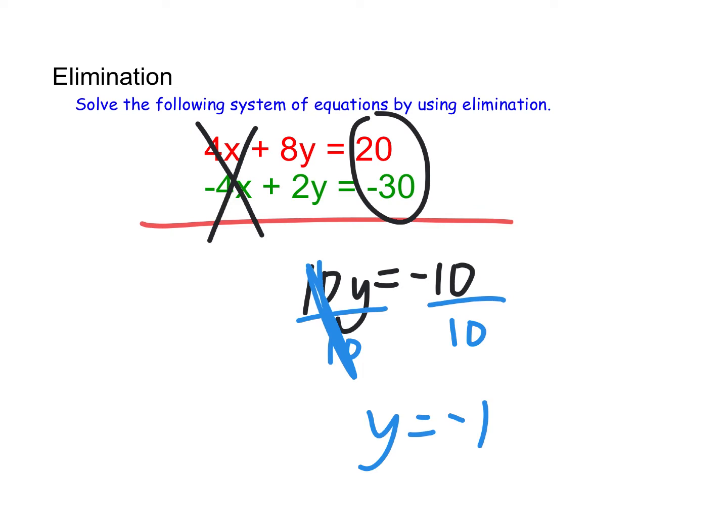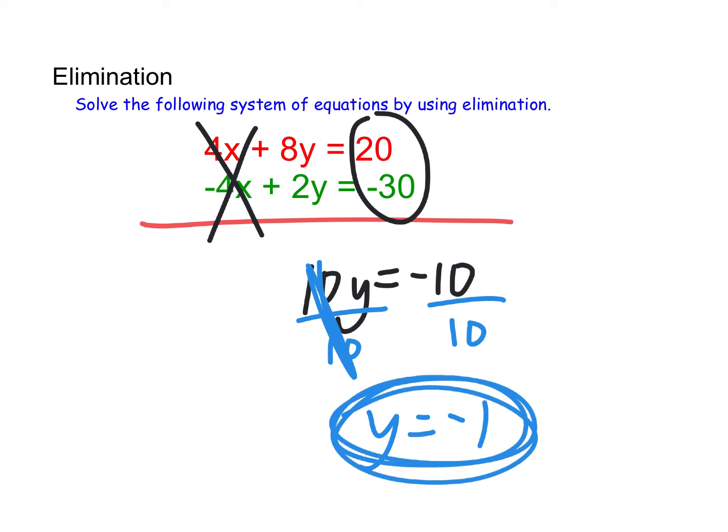But one more thing. Do you also remember that these are points? So I'm supposed to know what x and y is. So I got one of my answers. But just like on substitution, then you go back and stick it into one of the equations. I'm going to stick this in right here.